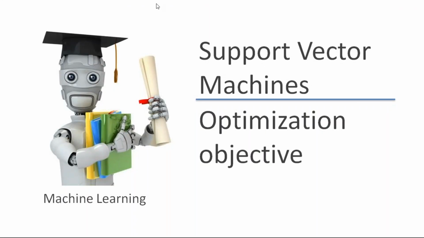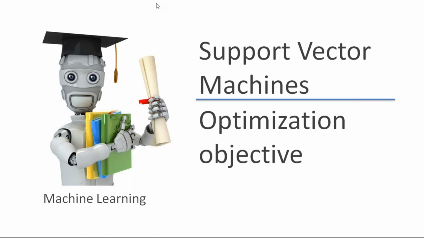Okay, so support vector machine. I told you it's a classification algorithm. Now you might be wondering, sir, we have gone through linear regression problems, when we were working on the regression part.